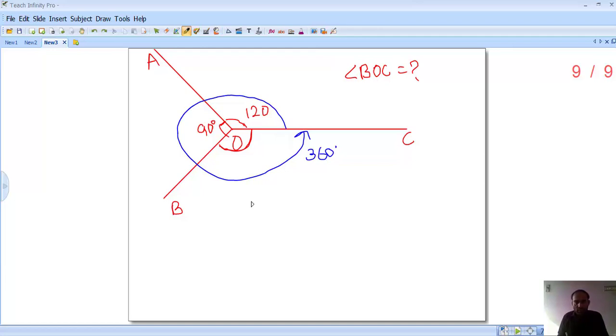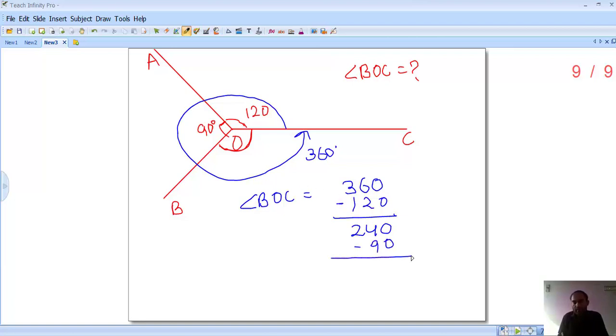Angle BOC we need to find out, and that will be first of all 360 minus 120. 0 minus 0 is 0, 6 minus 2 is 4, 3 minus 1 is 2. 120 has been subtracted. Now subtract 90. 0 minus 0 is 0. 14 minus 9, you have to take one borrow, it will be 14, and it is 5. So 150 degrees.